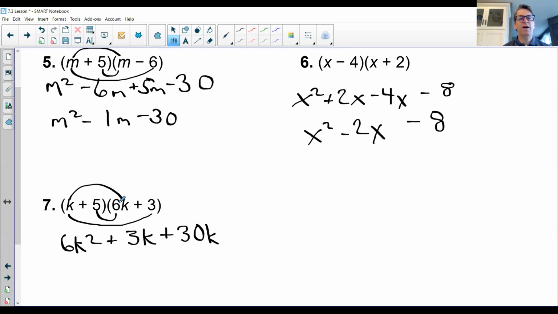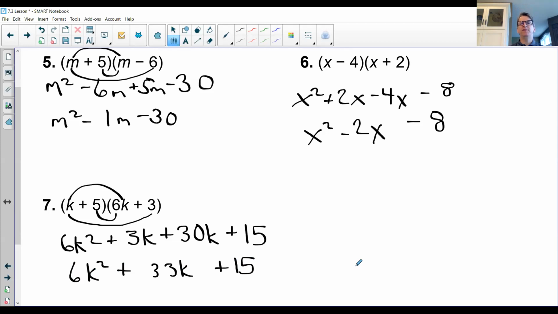And last, 5 times 3, or 15. And you got your middle term again. 3k plus 30k is 33k. So 6k squared plus 33k plus 15. Okay, that's the complete lesson on FOIL.